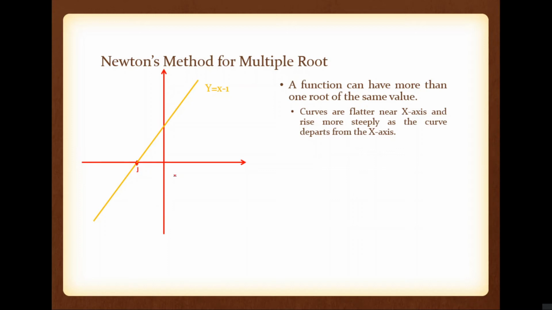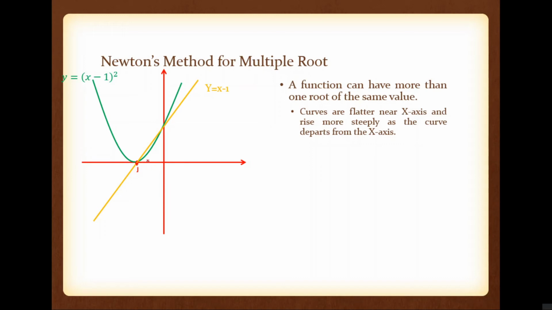What about x minus 1 square? If the function is y equal to x minus 1 square, it has two roots at x equal to 1, a multiple root. If x is far away from the root, the slope of x minus 1 square is greater than the slope of x minus 1.